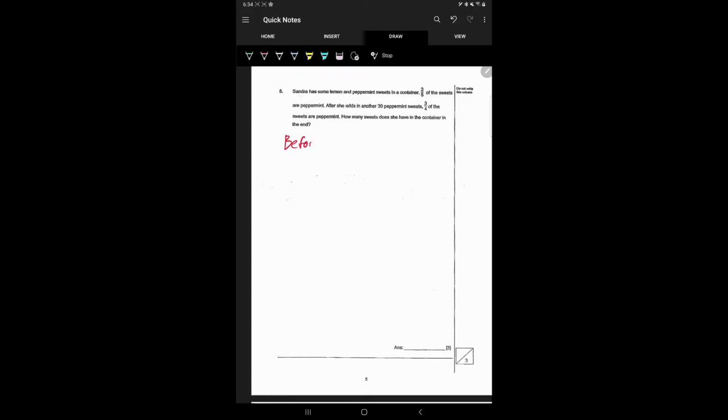So before she adds the 30, it was something like this. So this part is actually your lemon and this part is your peppermint. After she adds it, it becomes something like this.